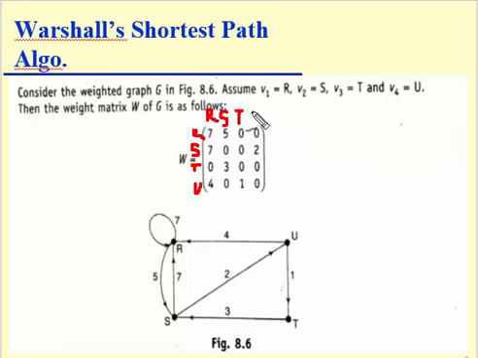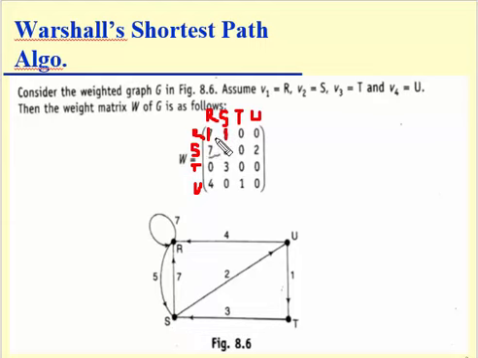Suppose it had been an adjacency matrix, is there any edge from R to R here? Actually in this example, we have taken one loop also. So R to R, what is the distance? 7. But if it had been an adjacency matrix, it would have been 1. R to S, is there any edge from R to S? Yes, it would have been 1.